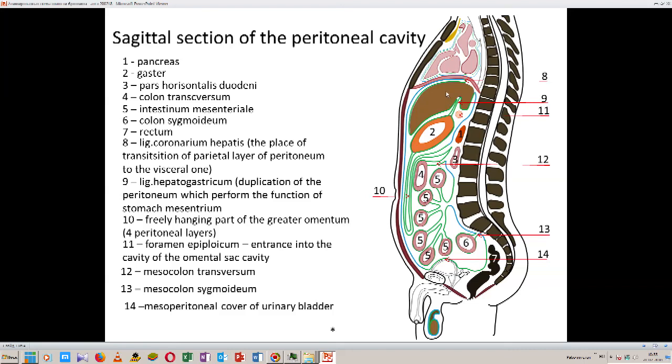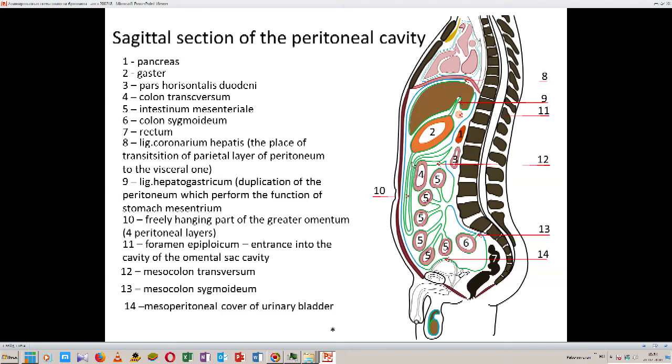But peritoneum itself as a serous sheet is a continuous sheet which passes from one organ to another, and practically we artificially distinguish 2 parts of it.